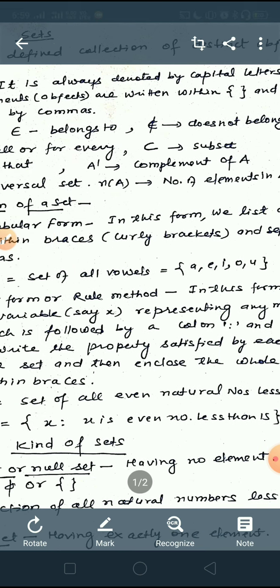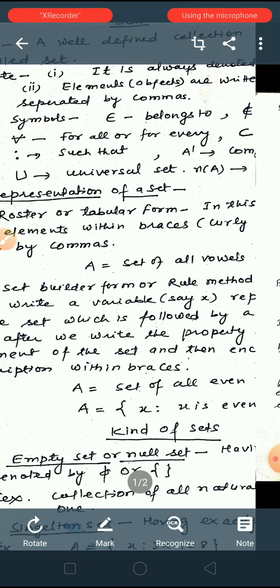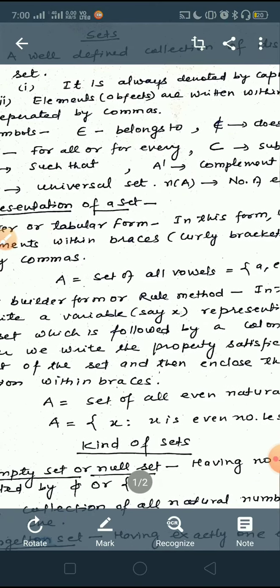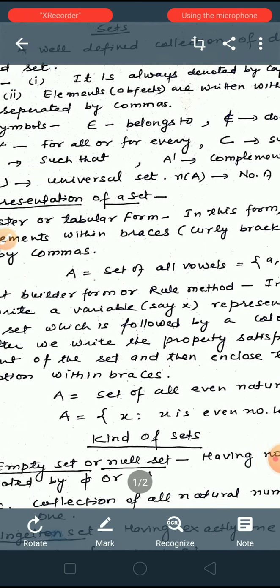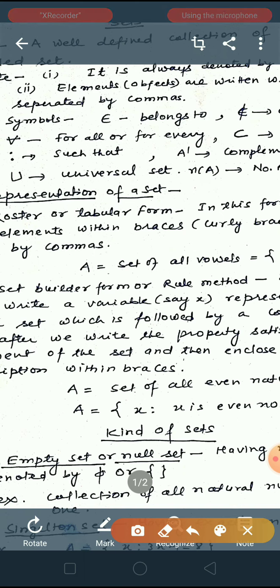The second fact is that elements, which are objects, are written within curly brackets. We also call them brace brackets, separated by commas. They are written within curly brackets and separated by commas.